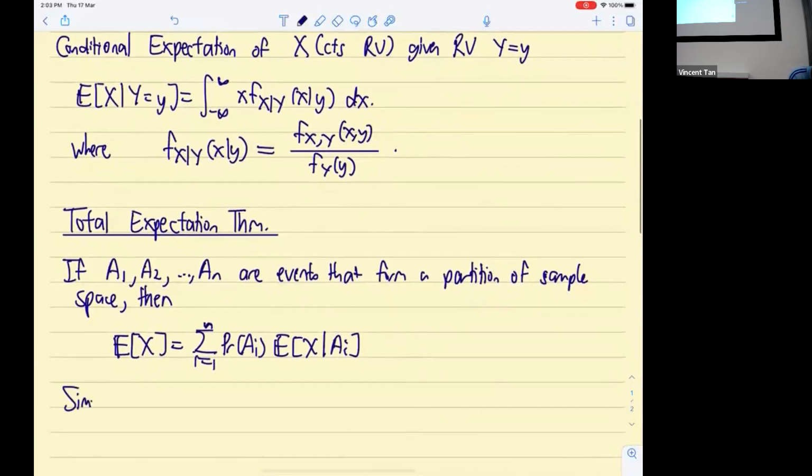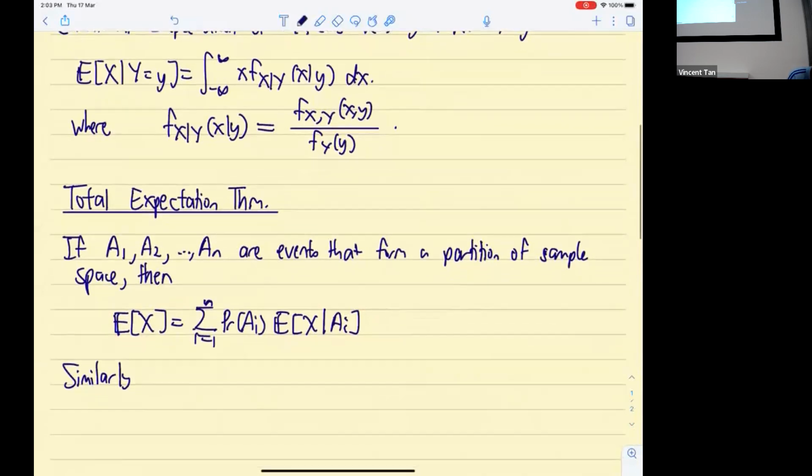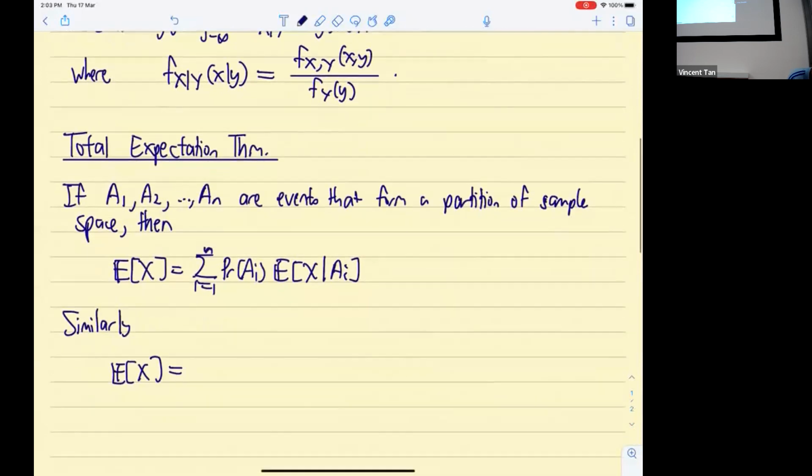Now, this is analogous to expectation given an event. We can also talk about the law of total expectation when we condition on another random variable. So we can take the marginal over y, the expectation value of x given Y equals y, f_Y of y dy, and this integrates from here to there.